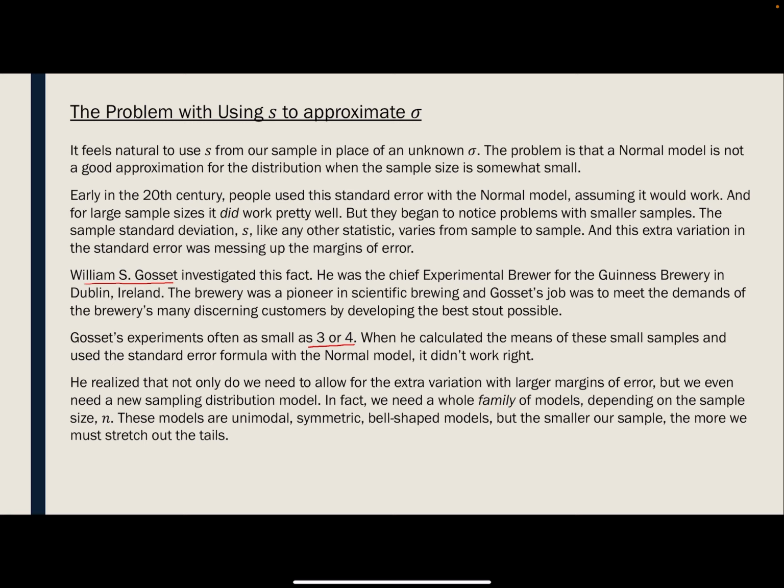So then he figures all of this out, and he wants to publish and tell everybody else what he's learned, and Guinness says, no way, you're not allowed to publish. So he argues with them a whole bunch, and they finally give in and say, okay, you can do it, but you can't use your real name and you can't use our name. So his boss made him use the pseudonym, or the, what's it called? Pen? I don't know. I'm not an English person, but he uses the fake name Student.